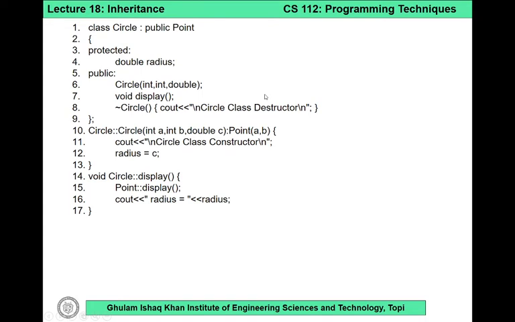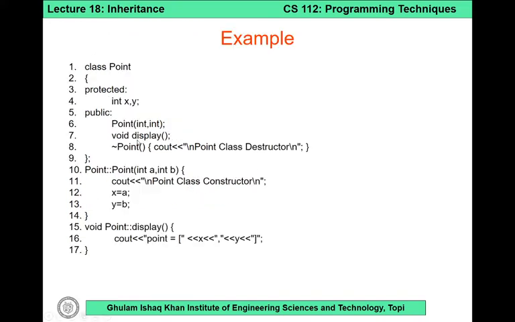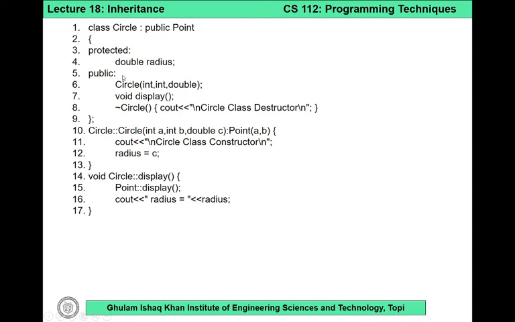Now we have another class which is the circle class as before, and it states that point class is its base class. So it is inheriting everything from the point class which is non-private. So x and y come here to the circle class, and this circle has its own variable named radius.